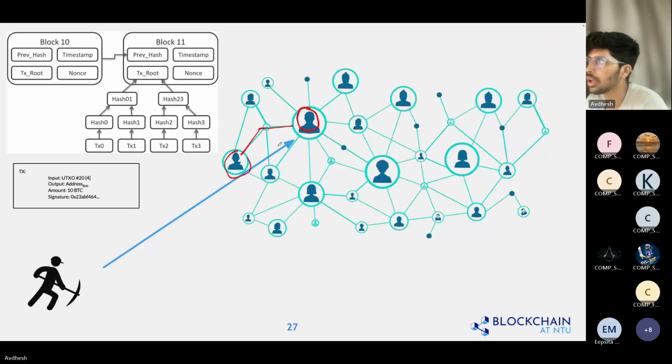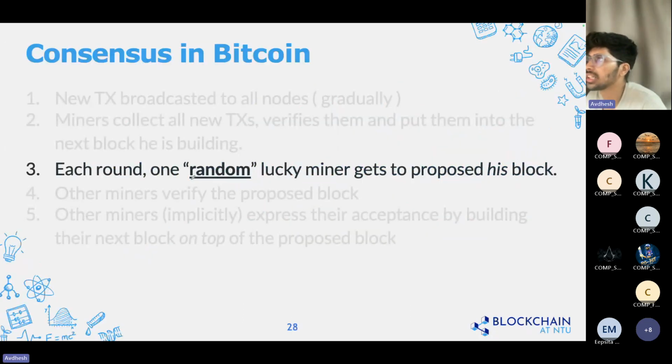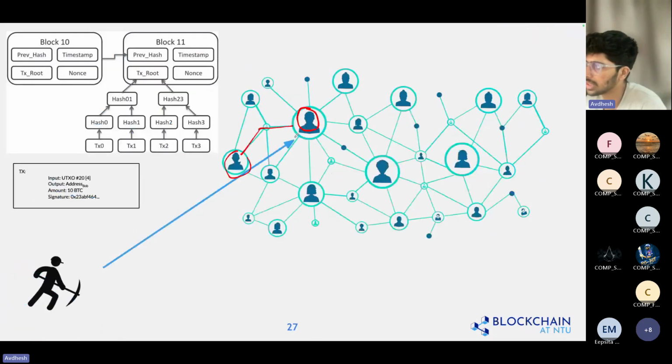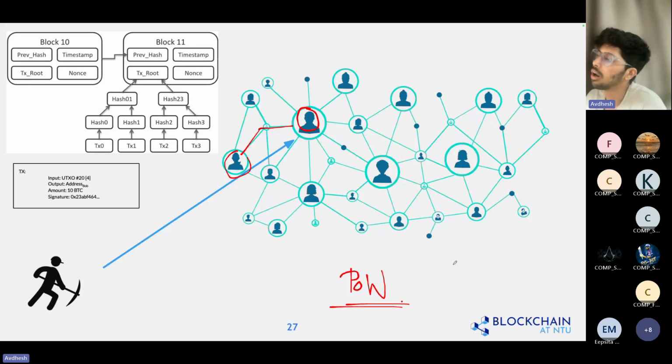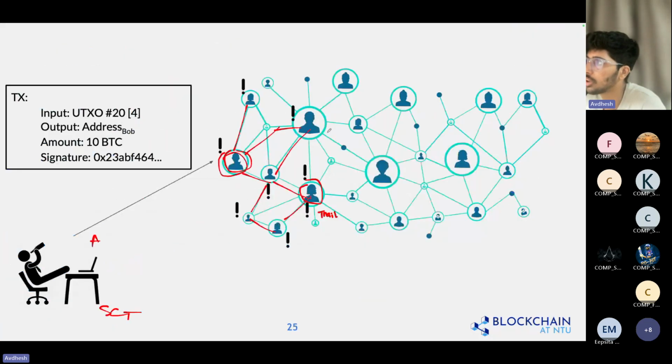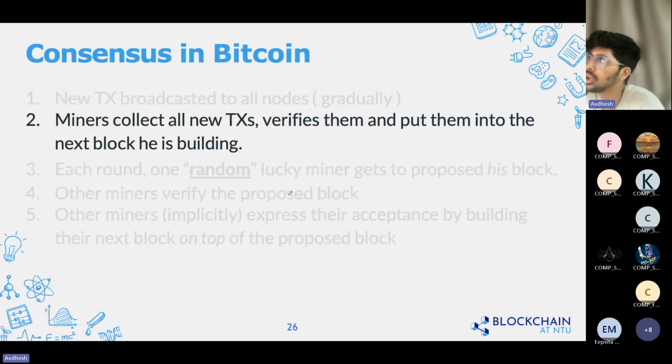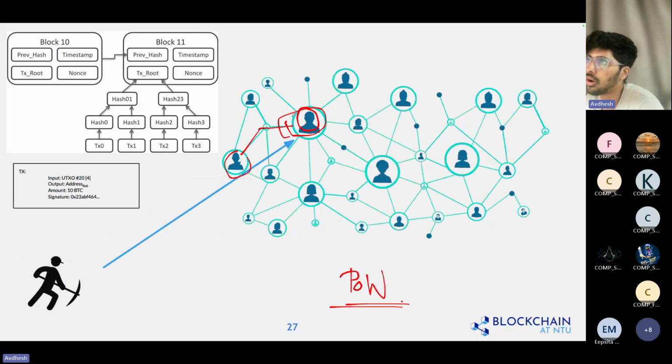This consensus mechanism is called proof of work. Proof of work is basically that out of all these miners, one random miner will be luckily selected to append this block on the Bitcoin blockchain.